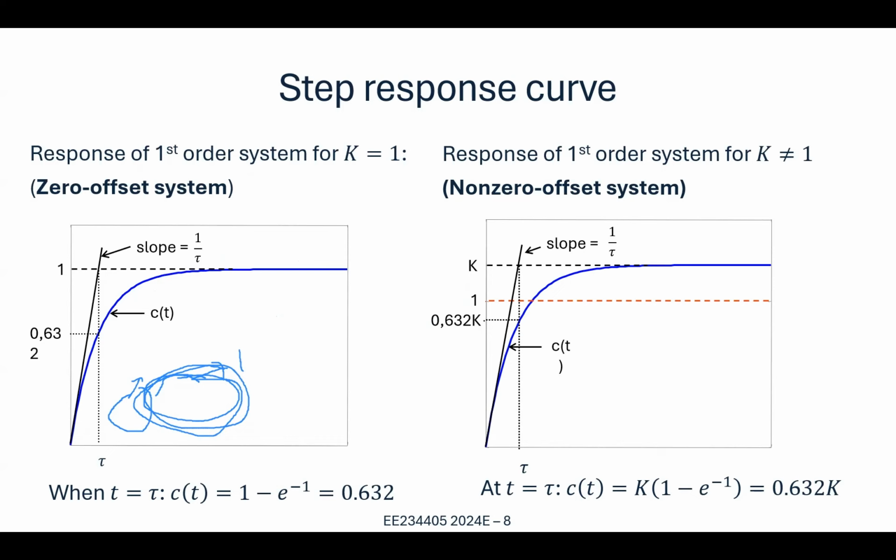And then if k is not 1, say k is 10, then at infinite time the value is 10 actually. So you can see just by looking at the transfer function what the value of the system is at infinite time, because it's dictated by k, right?